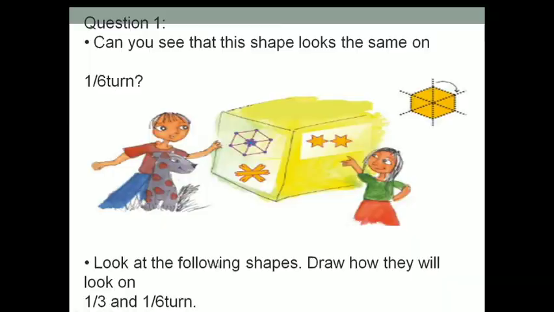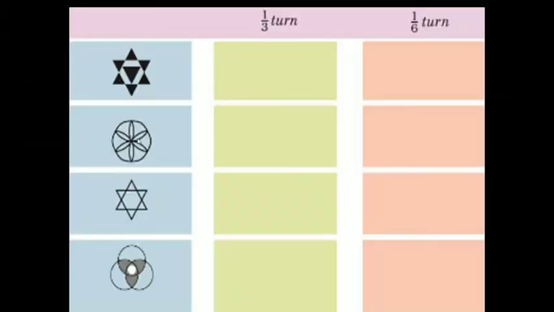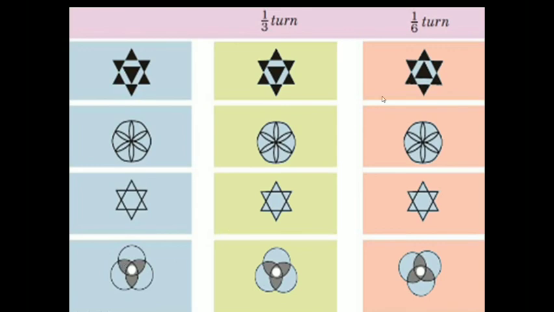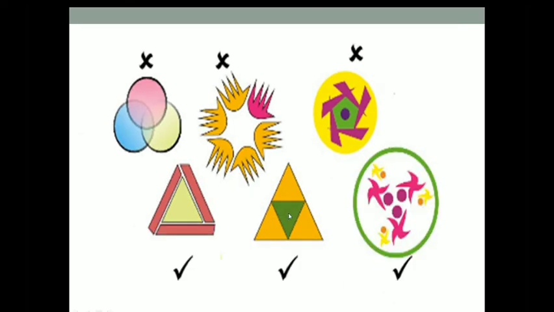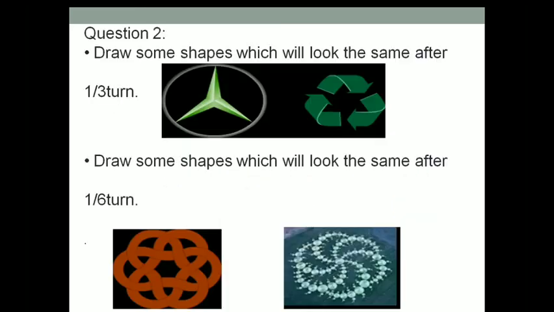Like that you have to see these shapes which look the same on 1/3 turn or 1/6 turn, and you will get these answers. You have to take these shapes and see whether they look the same on 1/6 turn or 1/3 turn, and you will get this answer for 1/3 turn.